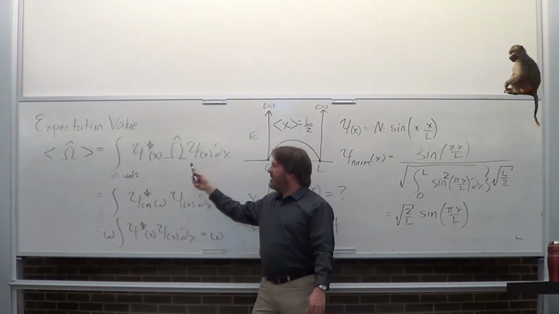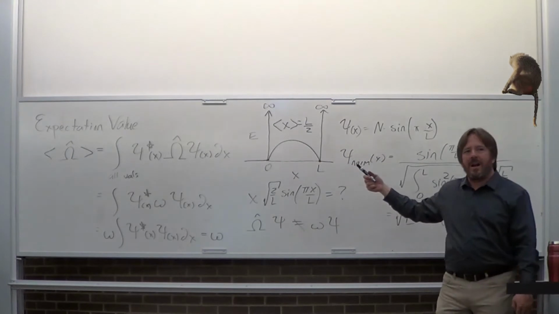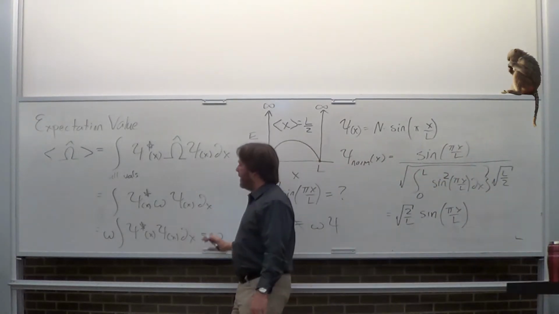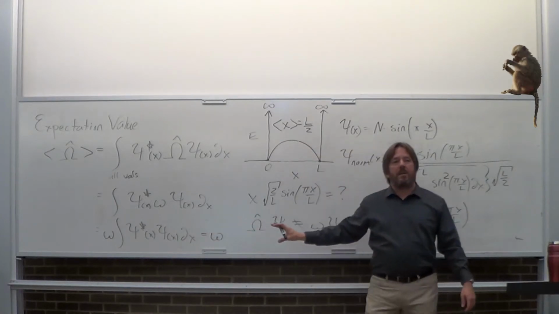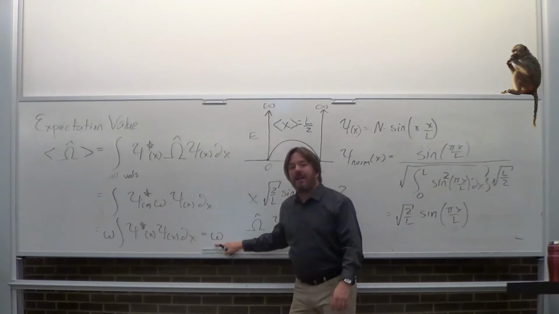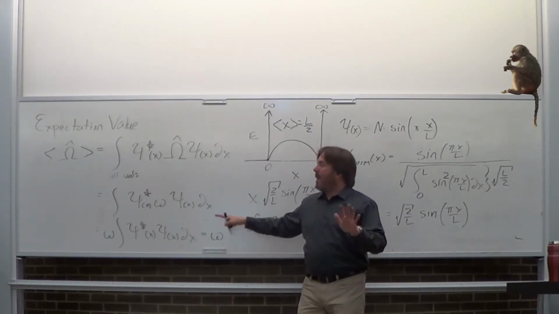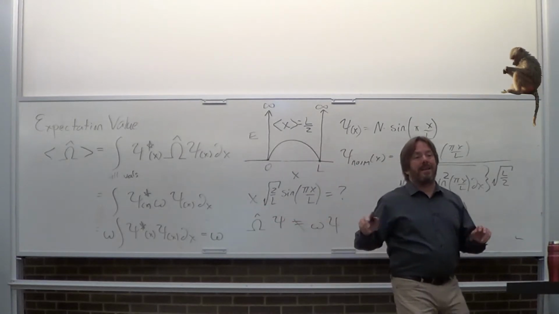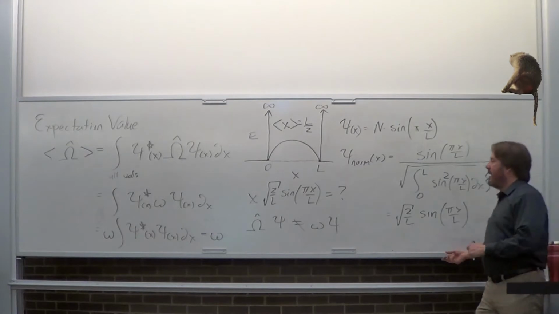It doesn't for position, and it does not for momentum in the case of sine and cosine. So how the hell did this really work? This is just a cutesy little proof, to make you comfortable with it. It's a cutesy little proof to point out to you that it gives you a single number, and again, that's kind of awesome. But how does it really work? Because this proof does not apply to what I just did. How does it really work?